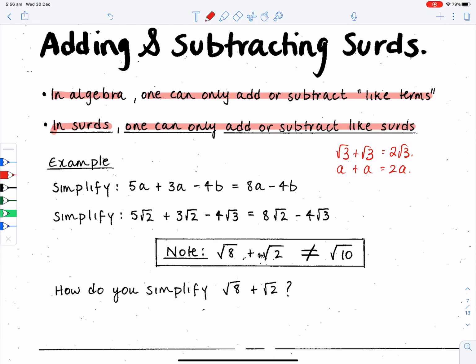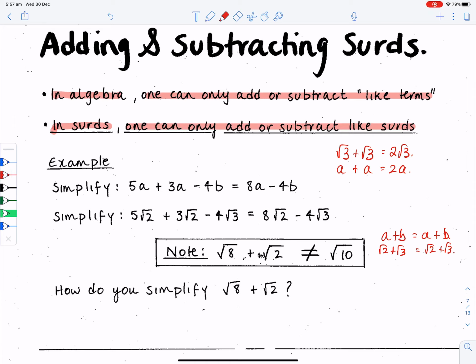So please keep in mind that if you had a plus b in algebra, you could not simplify that anymore. So if I've got root 2 plus root 3, we can't simplify that anymore, because they're not like surds.